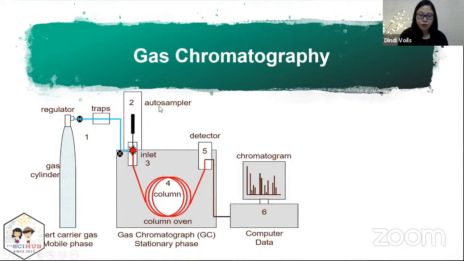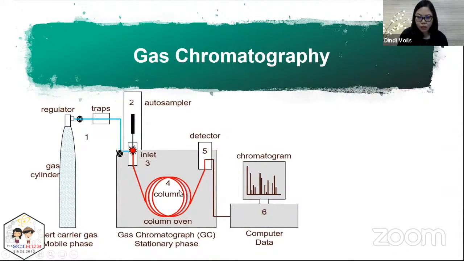And then you have an auto sampler, or you can actually manually inject your sample into the injection port where it meets the carrier gas. So the sample and the mobile phase travel through the column, which is temperature controlled, and then the analyte gets detected.